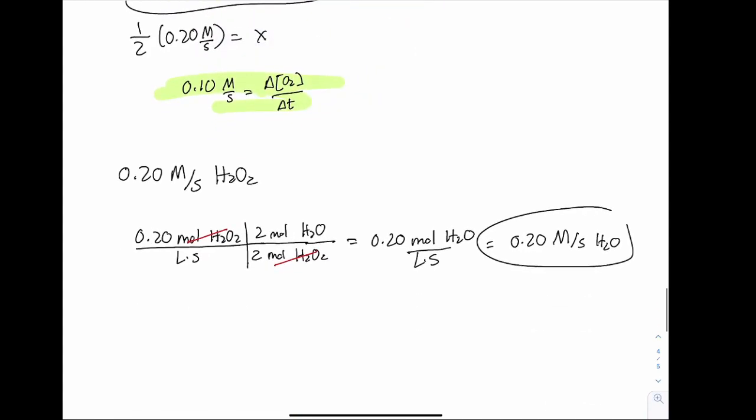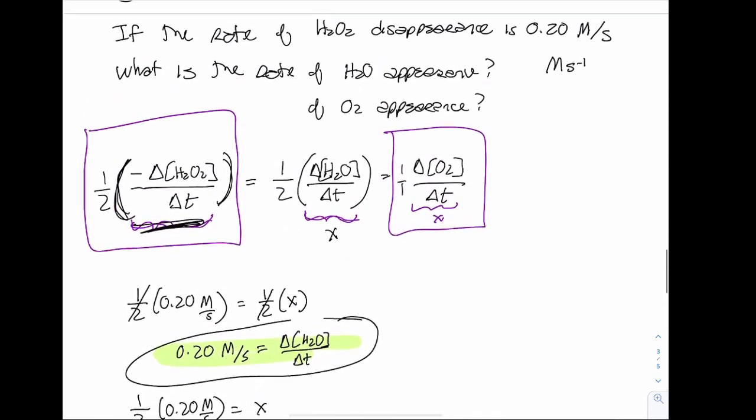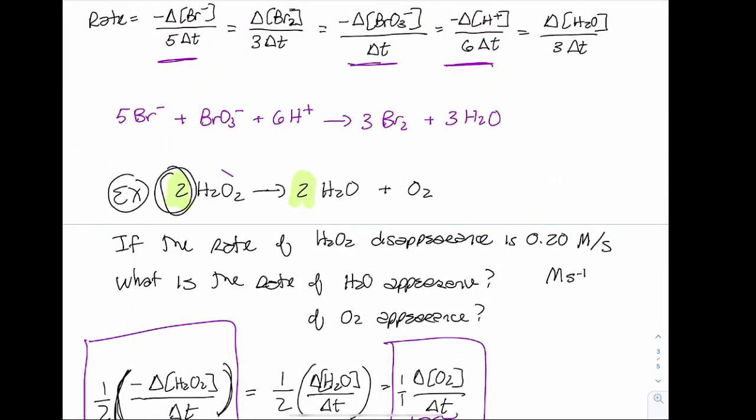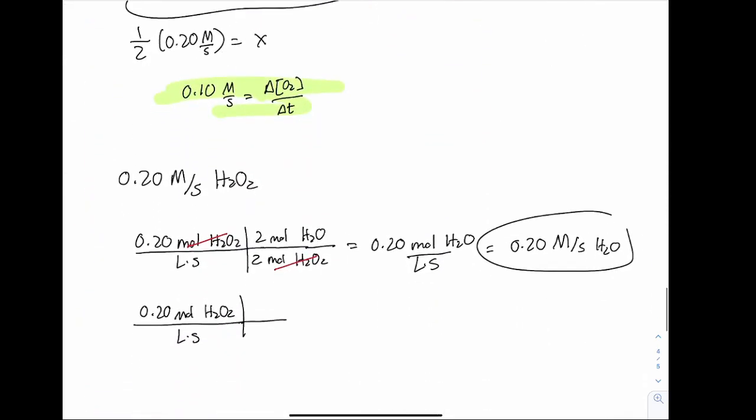If I was to do the same thing, but for oxygen, this time when I go and look at my balanced equation, it's going to be 2 hydrogen peroxide for every 1 oxygen. That's a 1. Again, because hydrogen peroxide is on the top, hydrogen peroxide is going to go on the bottom, so they cancel. 1 mole of oxygen.